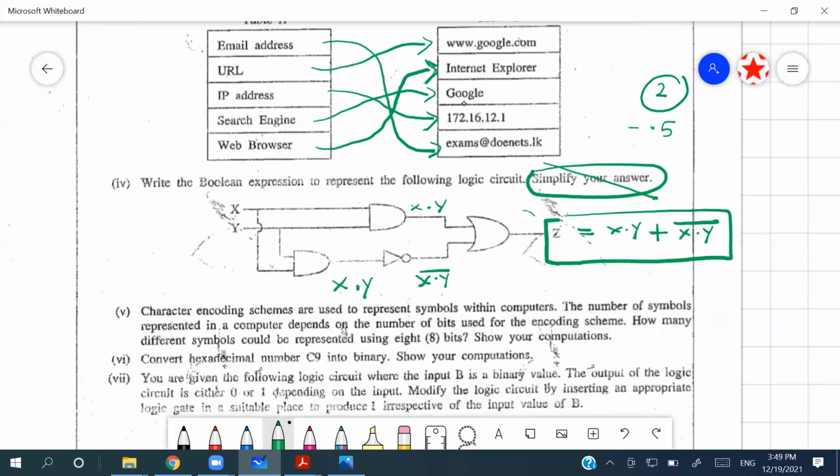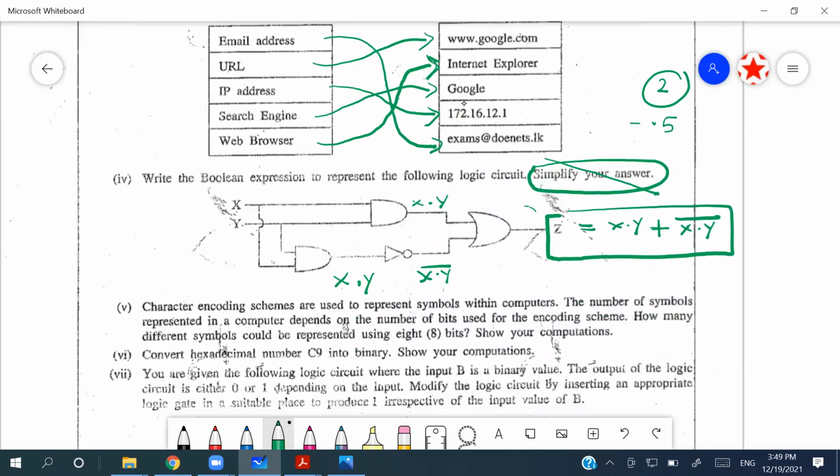Okay, moving forward. The fifth one, character encoding schemes are used to represent symbols within computers.